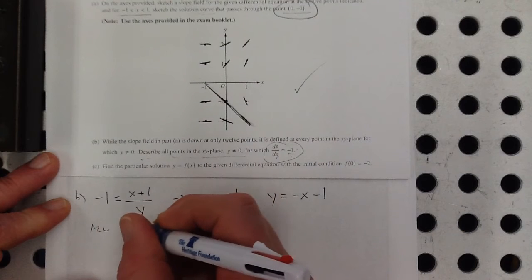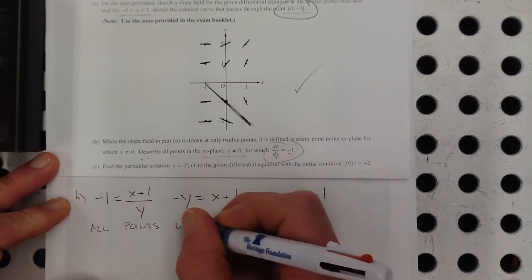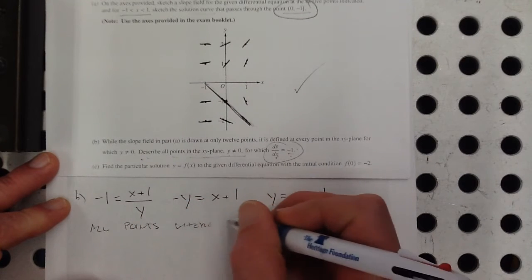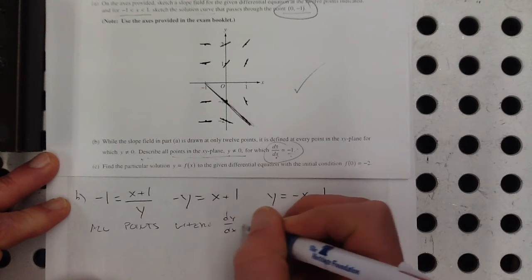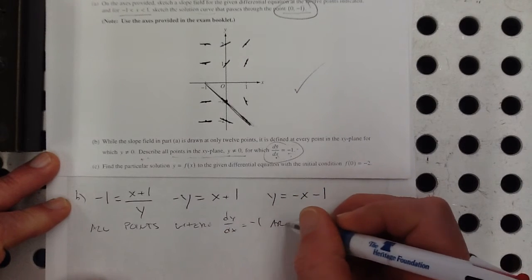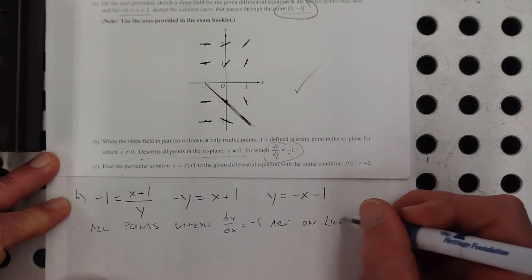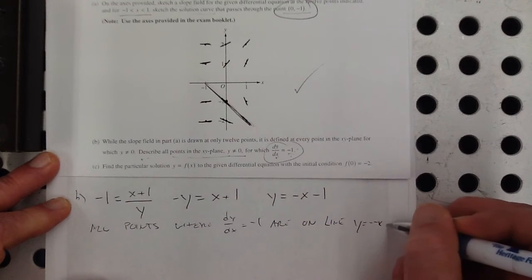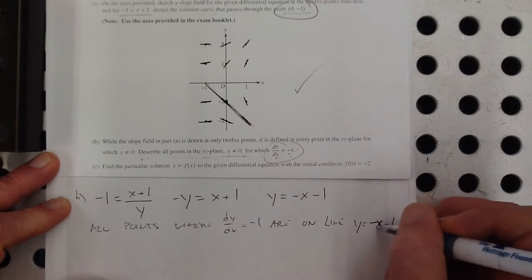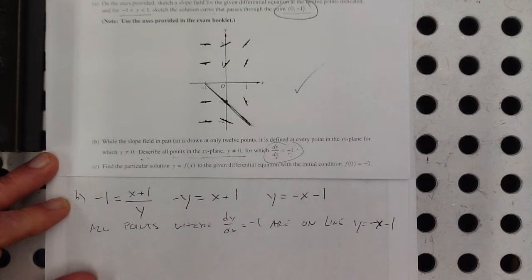All points where dy dx equals -1 are on the line y equals -x minus 1. That's what I would say.